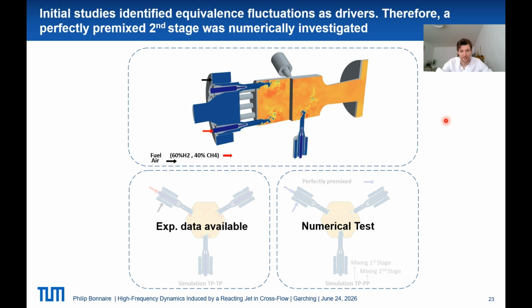And what we expected is that the instability, which was around 2000 Hertz, would decrease because we basically take away the feedback loop of equivalence ratio fluctuations. But what we observed was something different.